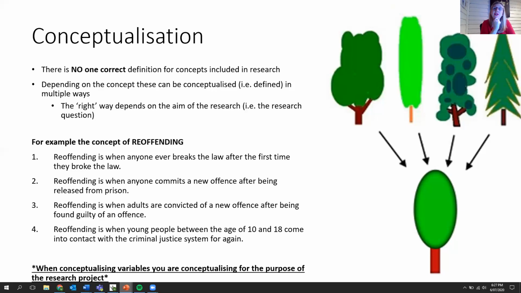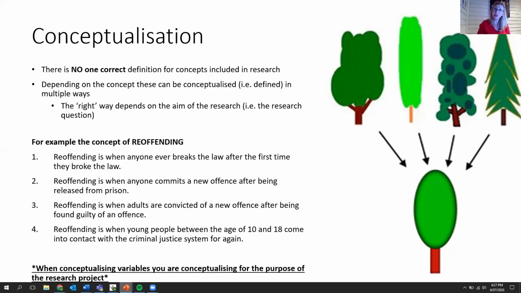Another definition or another conceptualization of reoffending could look like this. When anyone commits a new offense after being released from prison. Okay, so this is implying something completely different. It doesn't mean you've broken the law once and you go on with your life.